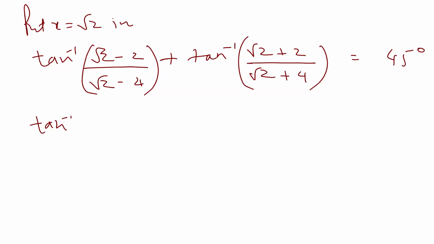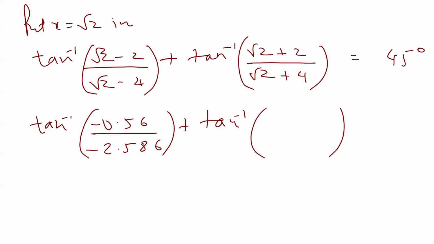Root 2 is 1.414 minus 2, so that is minus 0.586. 1.414 minus 4 is minus 2.586, plus tan inverse of 1.414 plus 2, 3.414, over 1.414 plus 4, 5.414.